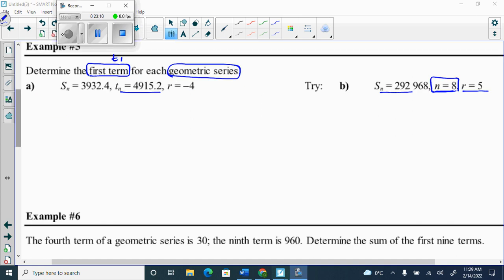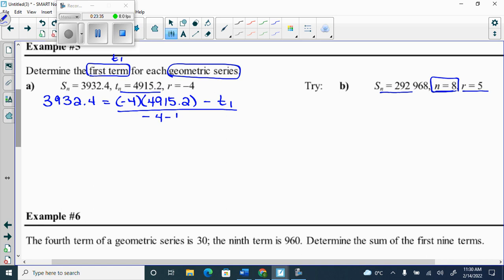So let's just fill in what we do. We know that this is going to have to go into the second formula. So we're going to go Sn, which is 3,932.4, equals r, which is -4, times Tn, which is 4,915.2, minus T1, which is what we're looking for, over R minus 1. So the first thing I would do is put together the -4 and the -1 and make it a -5. We agree?